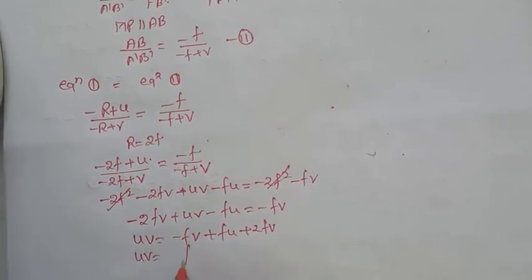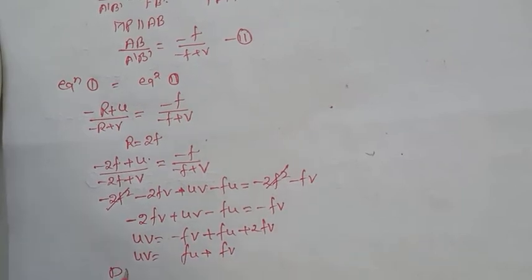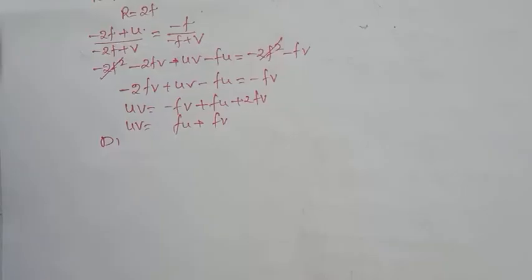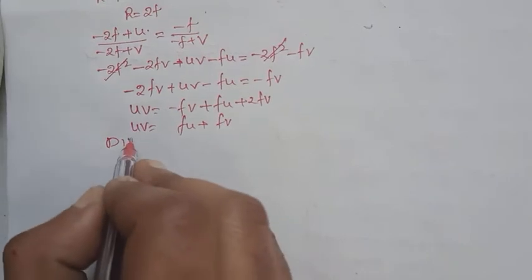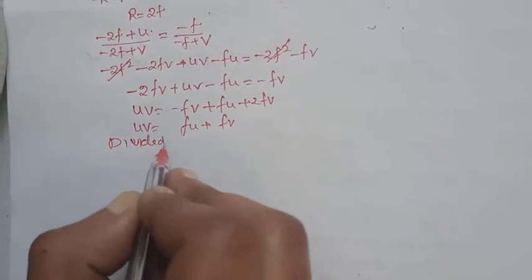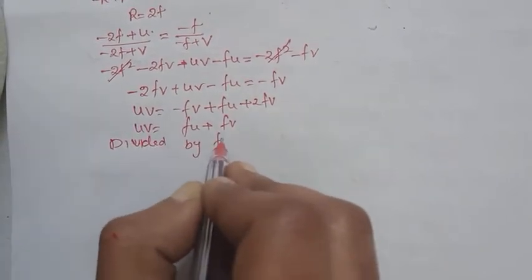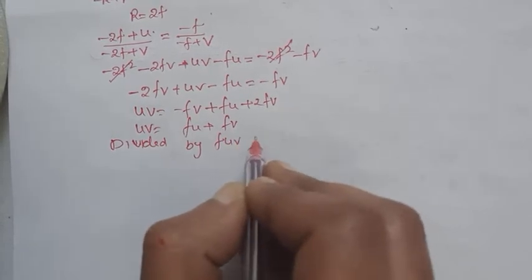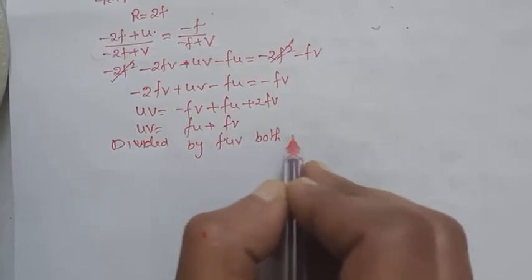Sort out this FU plus FV and divide this equation by F, U and V on both sides.